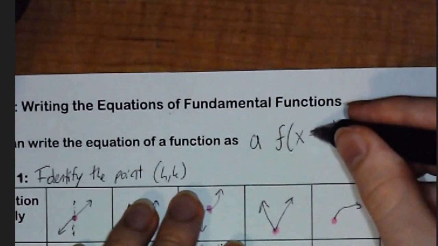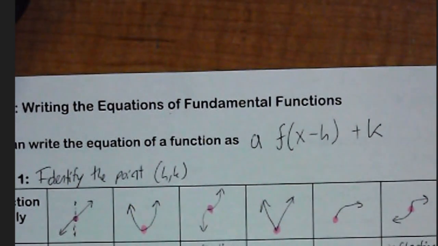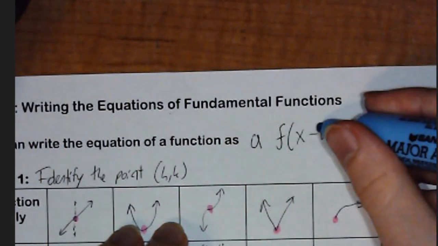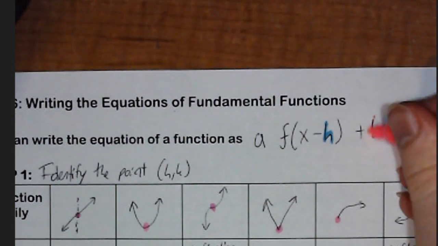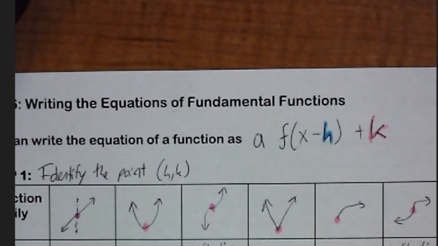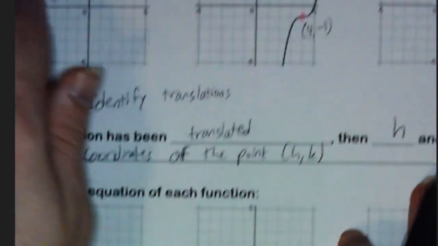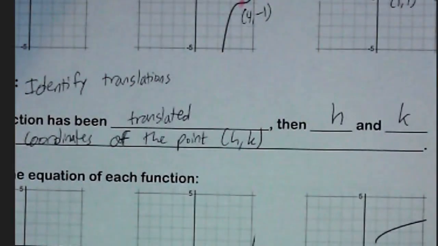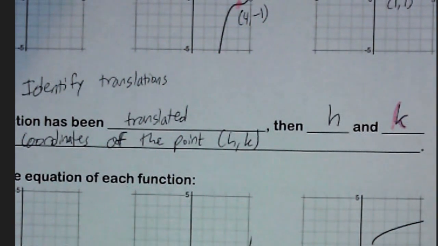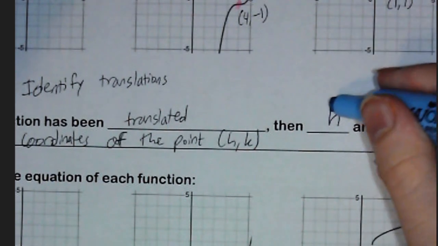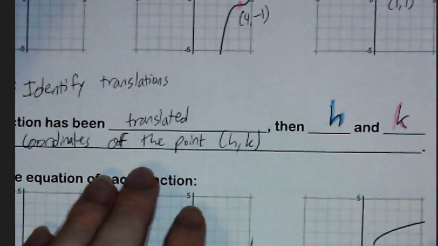Now it's important to note that this is x minus h and plus k. So just like with transformations, h is going to be backwards from what we think it is, but k is going to be a lot more like we think it is. So again, these h and k refer to the h and k in the equation at the very top, not the h and k of the point h comma k.